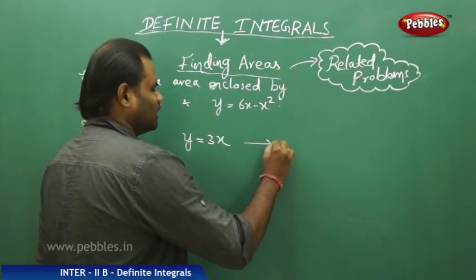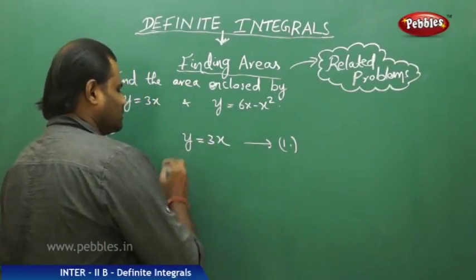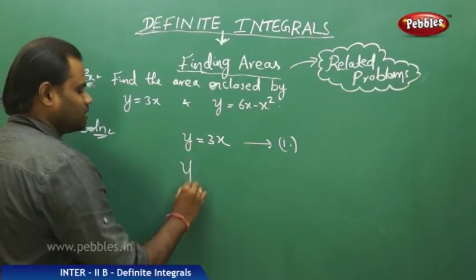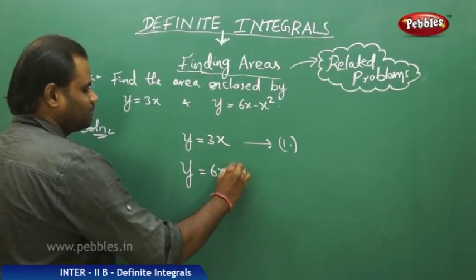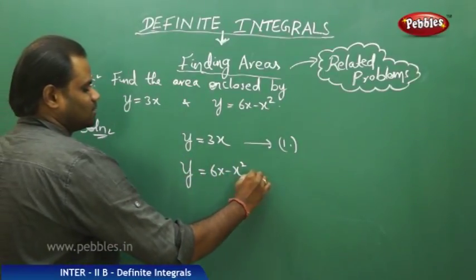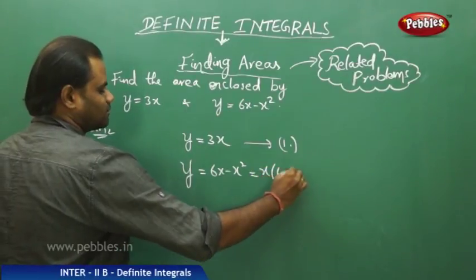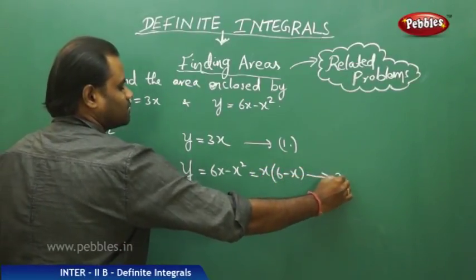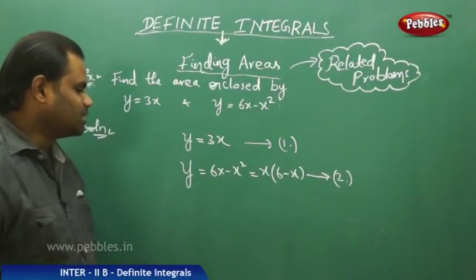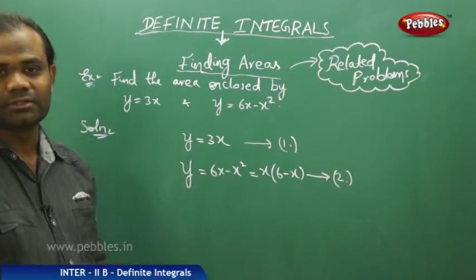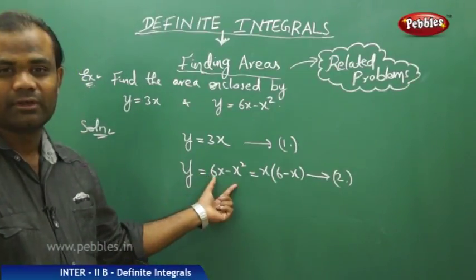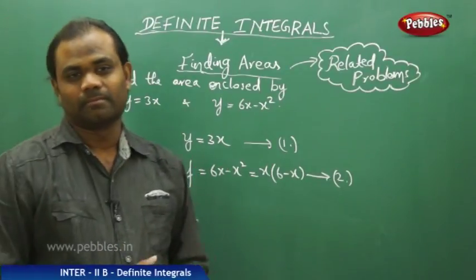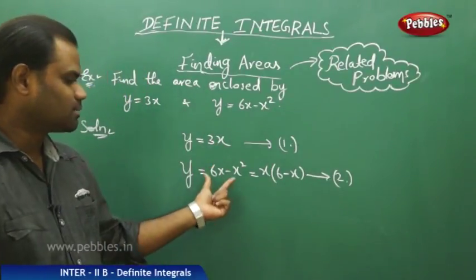So this is curve 1, and then the next curve which is given here, which I can write as this. Now clearly I see that this is a quadratic equation or a quadratic curve, therefore this is a parabola. So this is a straight line and this is a parabola.